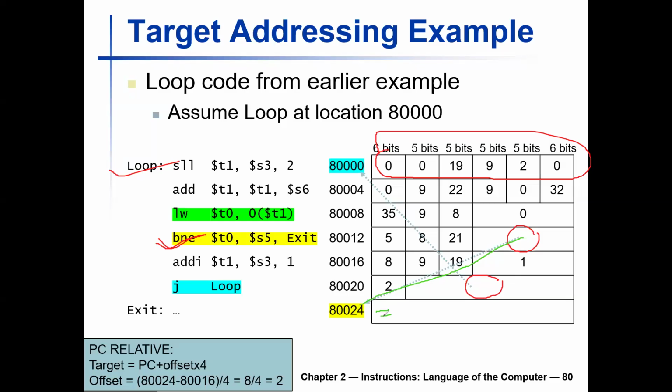Target equals, then PC. What is the PC? We are talking about this instruction. This instruction is executing now, right? But the PC is holding the address of what? I already explained. PC is holding the address of the next instruction.